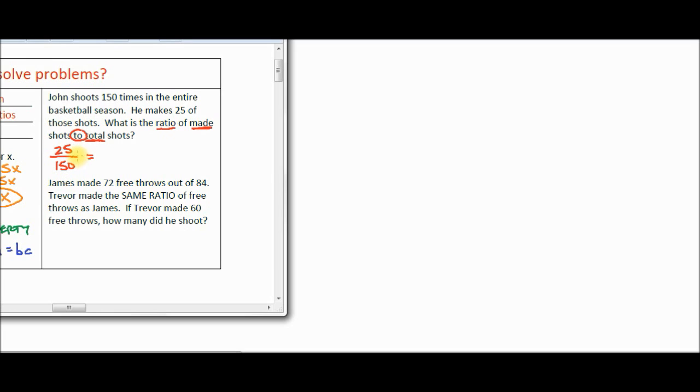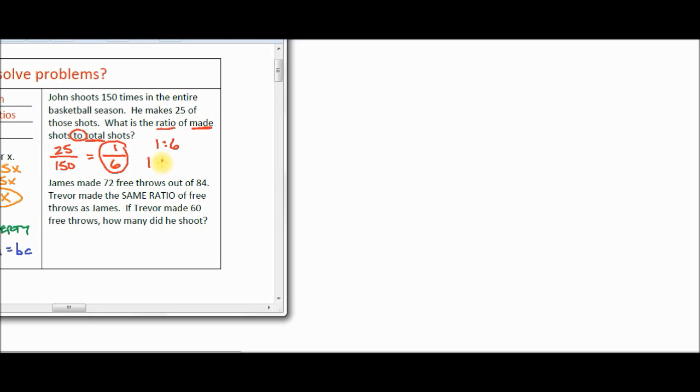Now we can simplify that. Looks like 150 is divisible by 25. 150 divided by 25 is 6. 25 divided by 25 is 1. So the ratio of made shots to total shots is actually 1 over 6. Or you could write this as 1:6, which means 1 to 6.